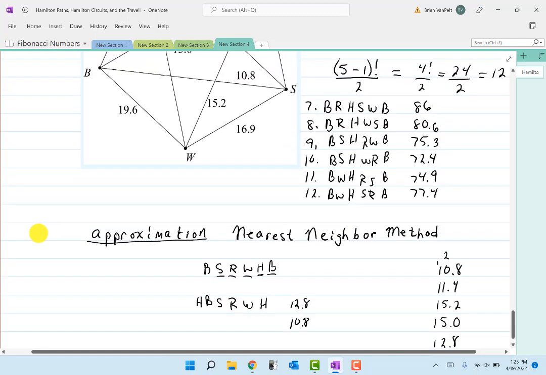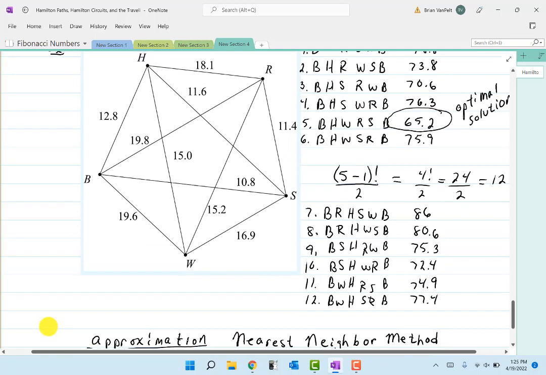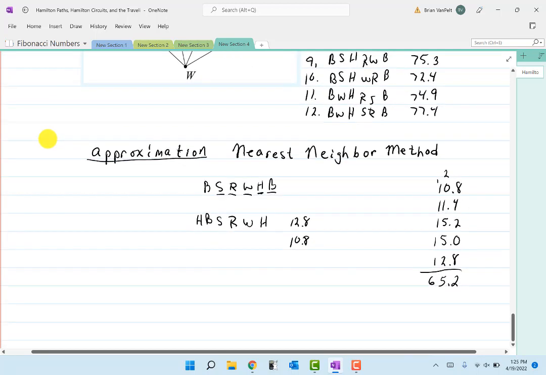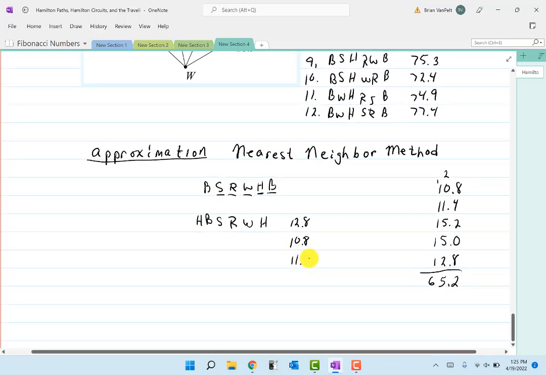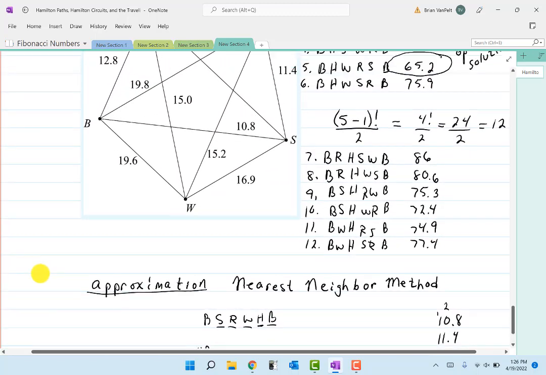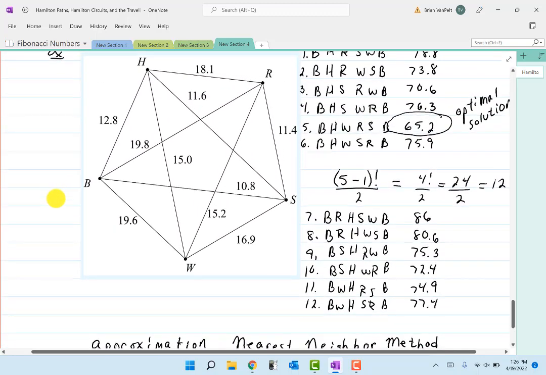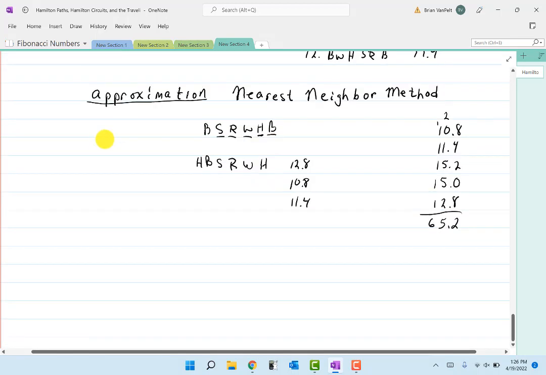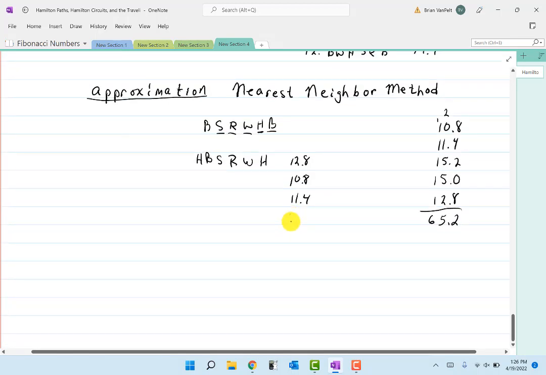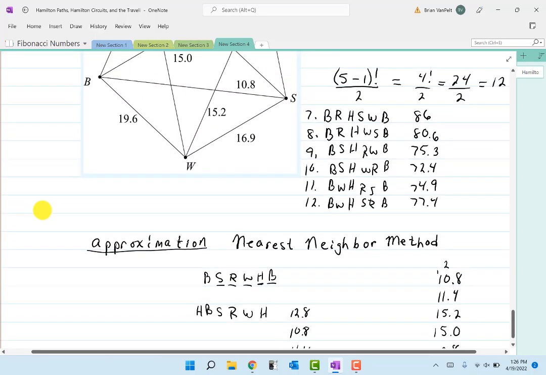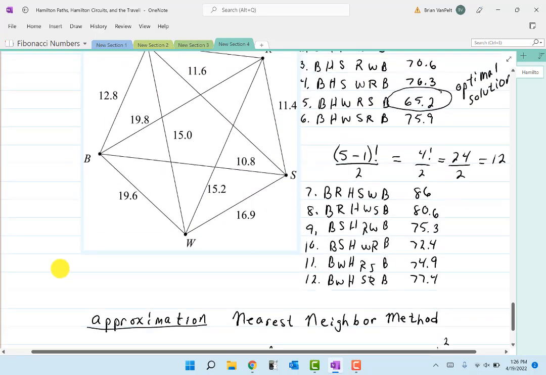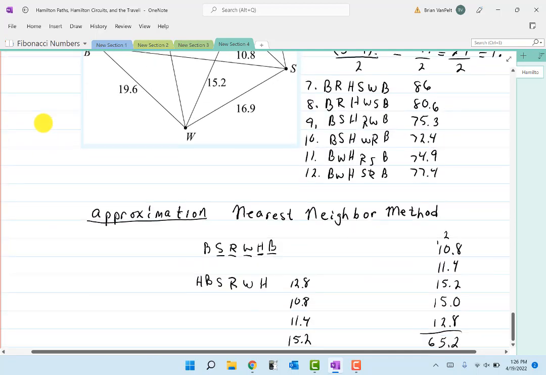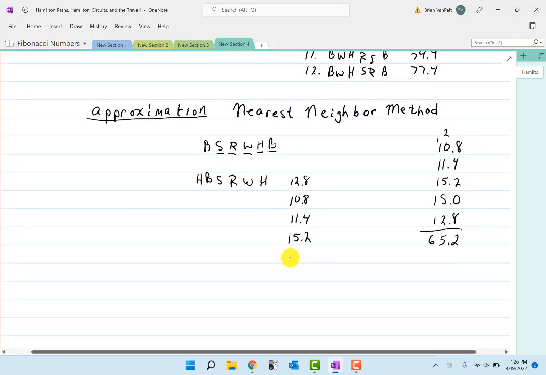SR was 11.4. RW was 15.2. And then W to H was 15.0.